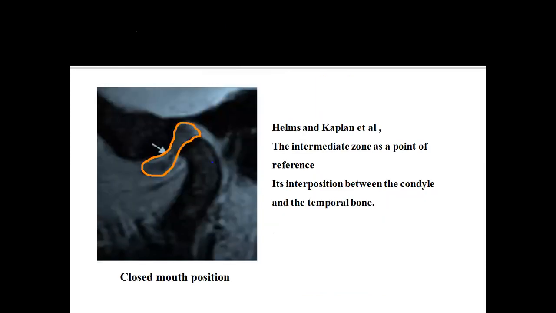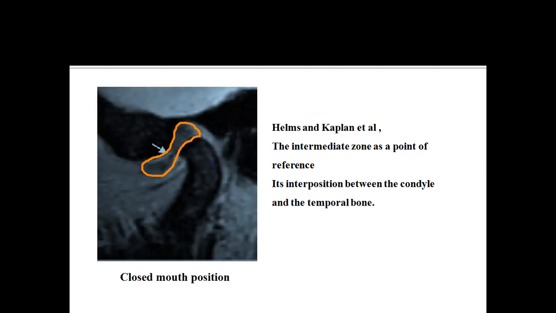There is also one more method to appreciate the normal placement of the articular disc that was proposed by Helms and Kaplan. In their study, they proposed that the intermediate zone can be considered as a reference point. If this intermediate zone is interposed between the temporal bone and the head of the condyle in closed mouth position, then the disc is considered to be in a normal position.